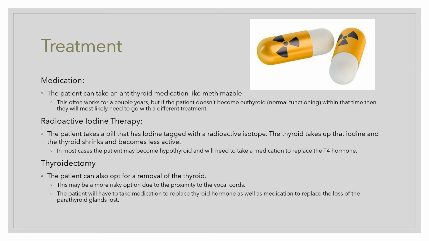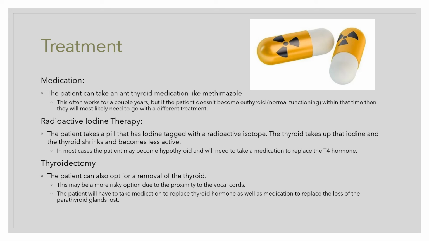This often works for a couple of years, but if the patient doesn't become euthyroid, which is a normal functioning thyroid, within those couple of years, they will most likely need a different treatment. This medication is not something that should be taken for a long period of time because it can cause issues with the liver.